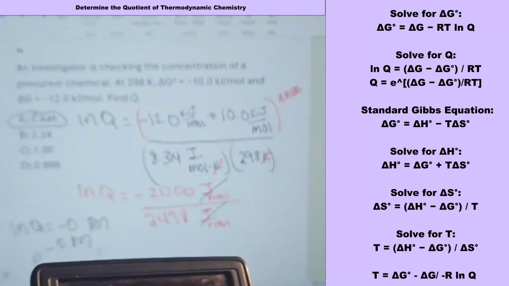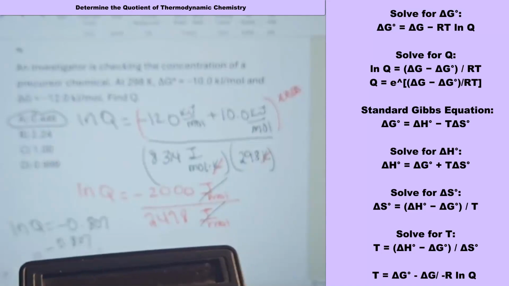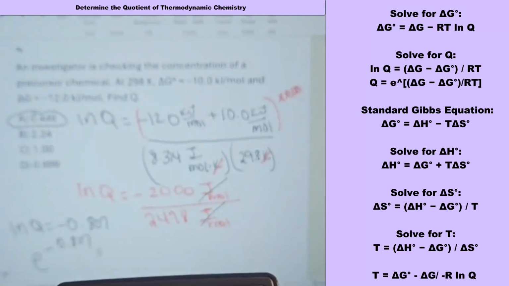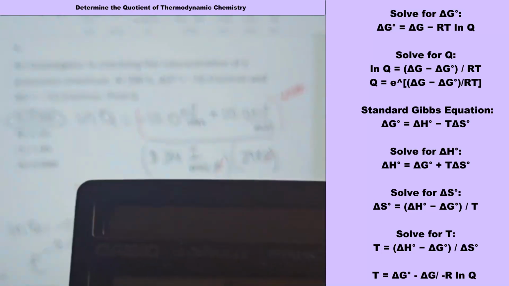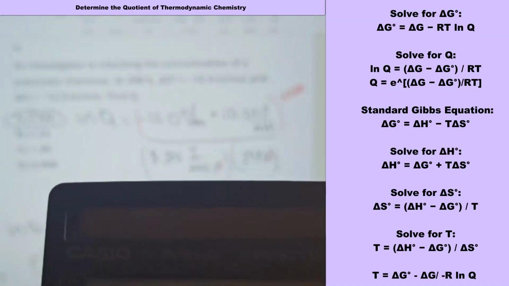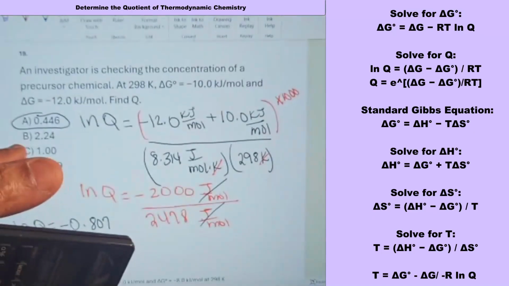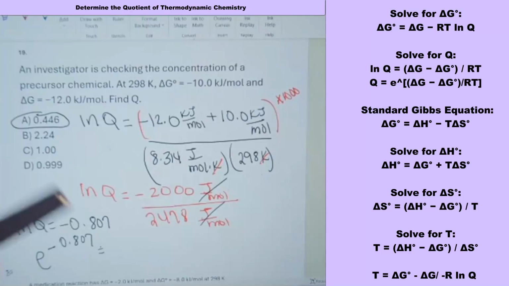I've got 0.807. Now let's say that you didn't put it in negative, because it is. Shift, natural log. You see that 2.24? That's going to give you an answer here, but that's not correct.